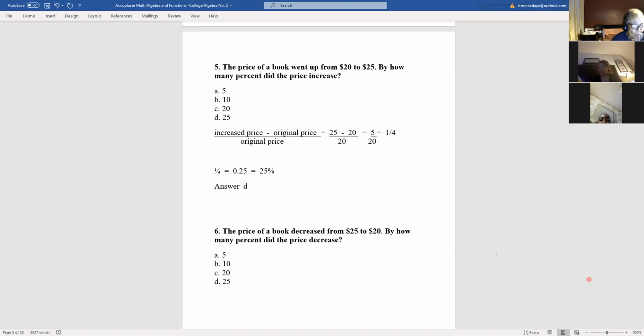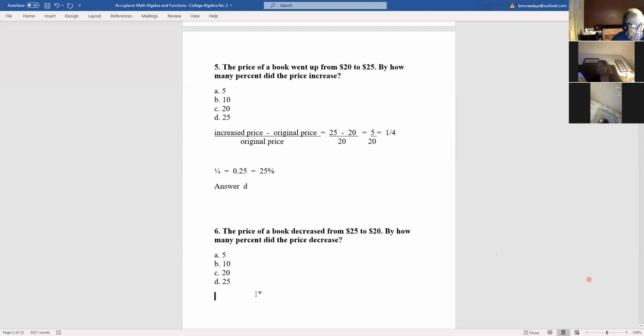Over 25. And what's 5 over 25? Okay, it decreased from 25 to 20.